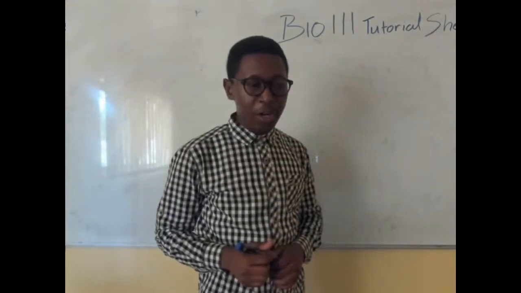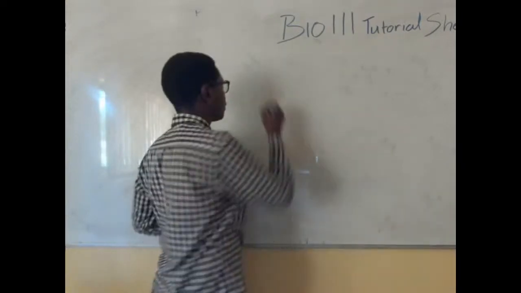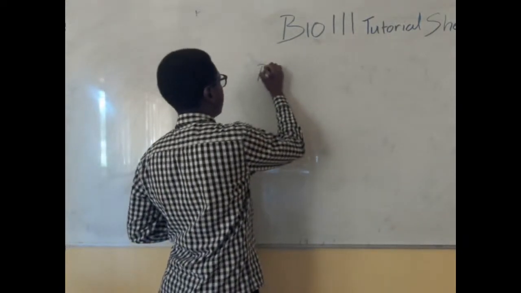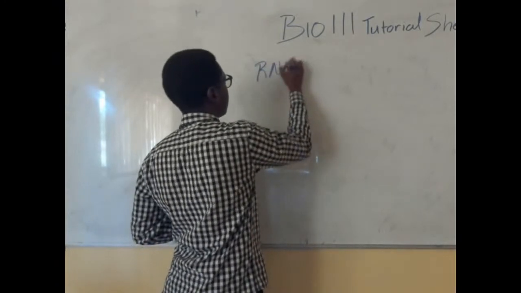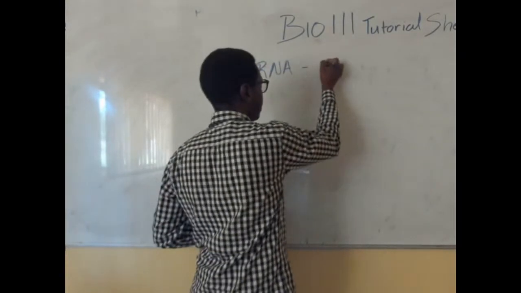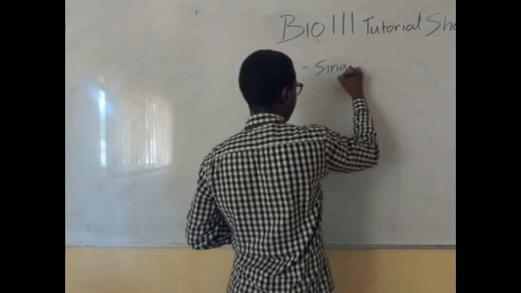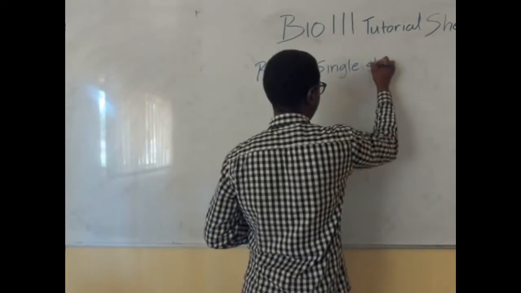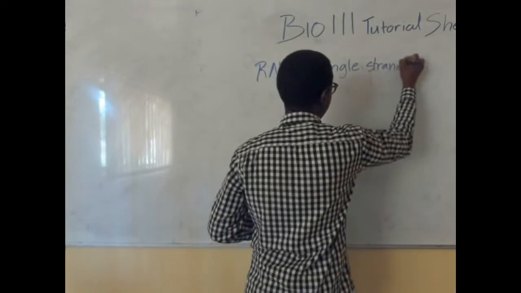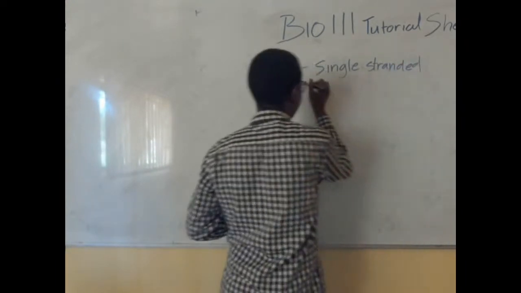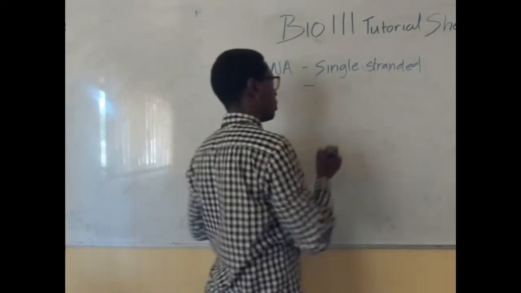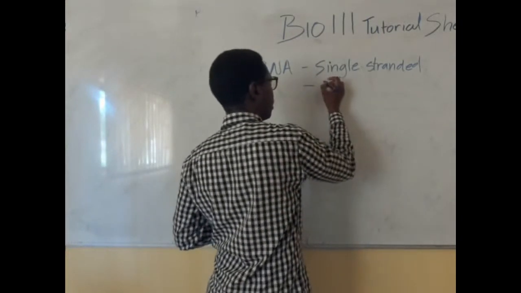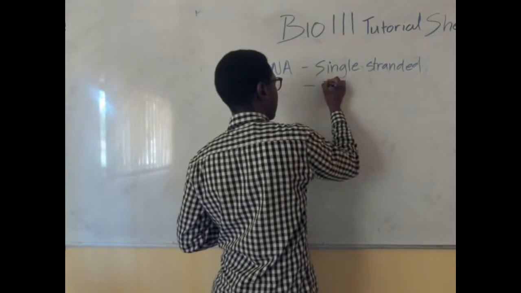So now, RNA, first thing you have to know is RNA is single-stranded. Then these are very short molecules compared to DNA. DNA are very long, so RNA, they are short.